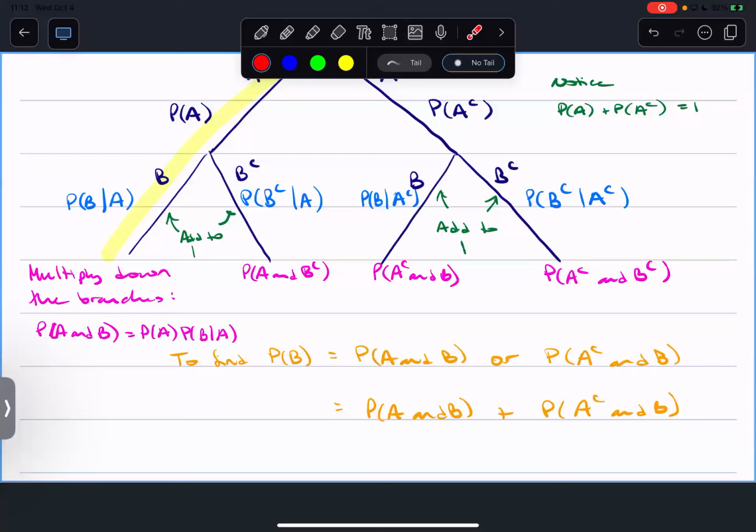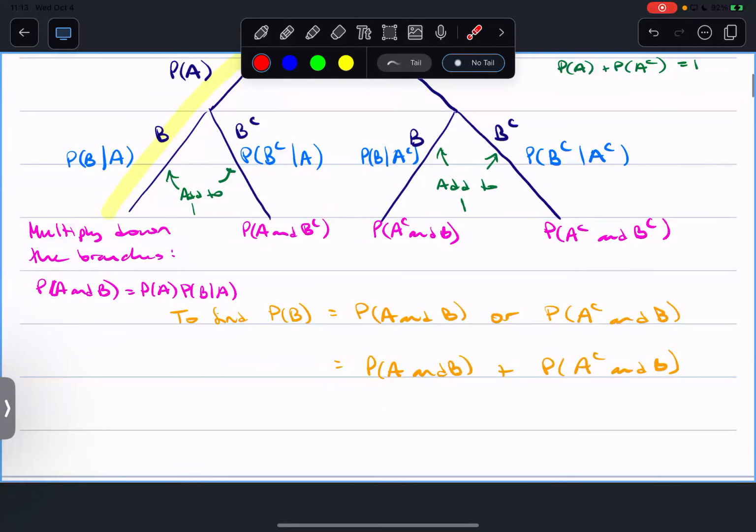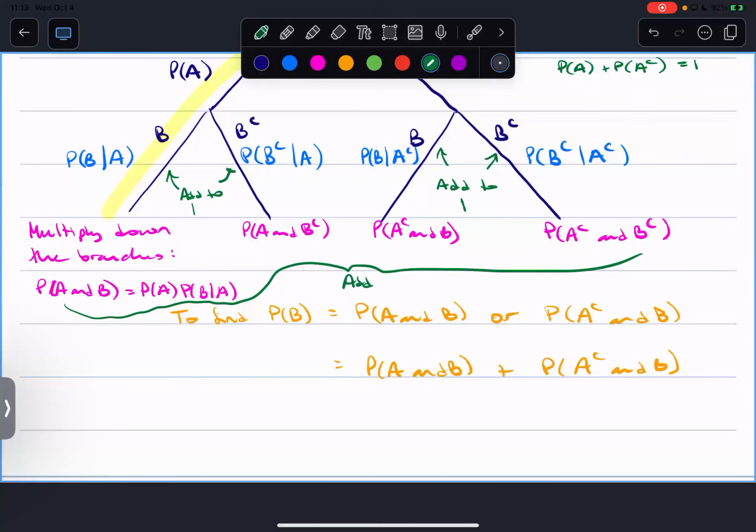There are some instances where if you've done some rounding, maybe they're not necessarily going to add to 1, but usually you just adjust your rounding if there's something weird going on and make them add to 1. And so here, these probabilities have to add to 1. So just constant check-in points, making sure that you're on the right track.